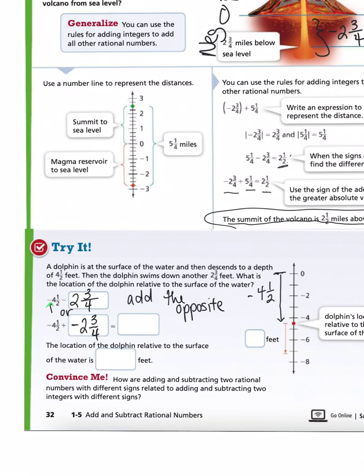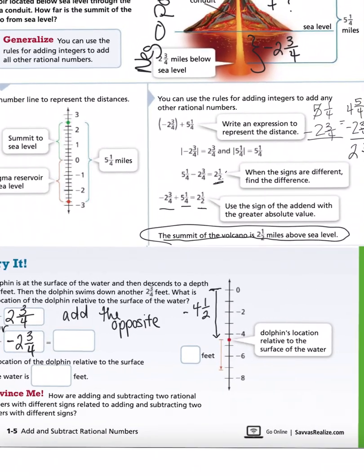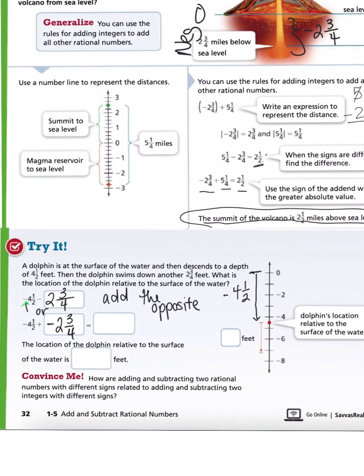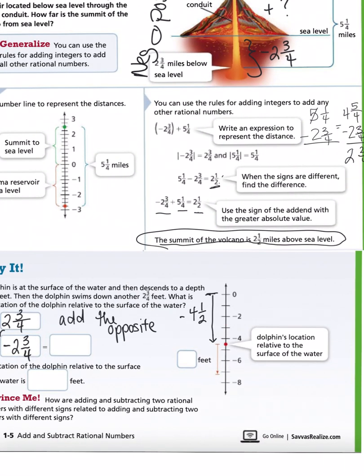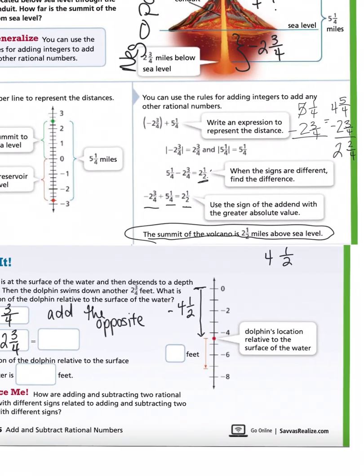Great. So you should have already answered the question that popped up on the video. So let's do it together to make sure you got it. So we're going to add them together. We're going to take our absolute values and line up our fractions. We have 4 1/2 plus 2 3/4. And I'm just going to ignore the negatives right now because they're both negative, so I know my answer will be a negative. Well, we don't have our common denominators.